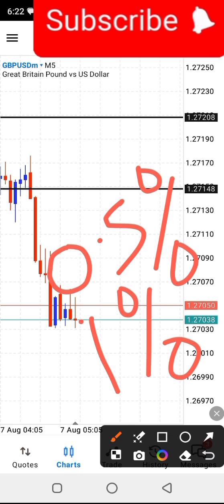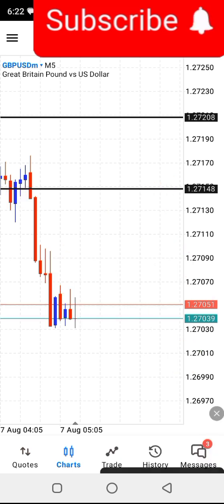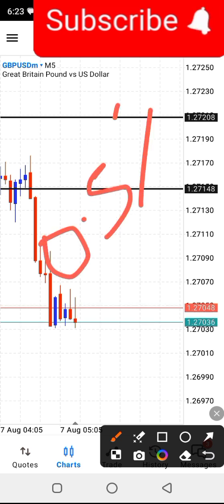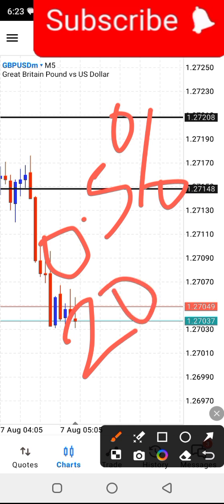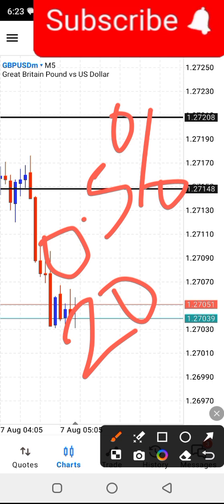The idea behind this system is that if you're risking just 0.5% of your balance per trade, it's going to take you 20 losses to completely violate that account. Because 20 times 0.5 is 10%, and most times they will tell you 10% maximum drawdown, your total drawdown.